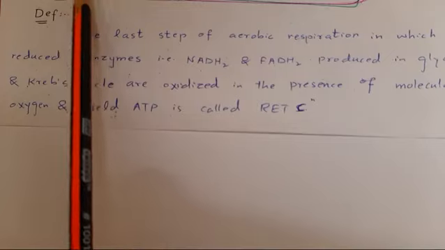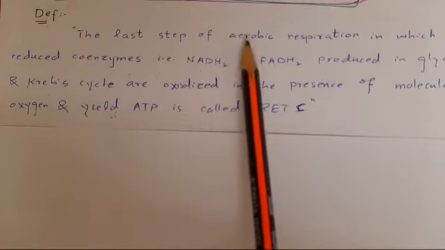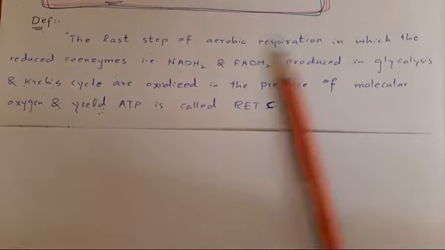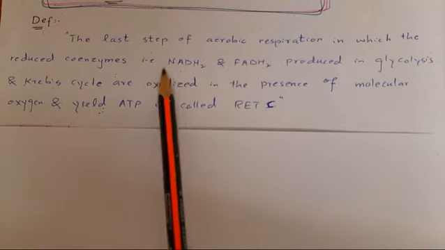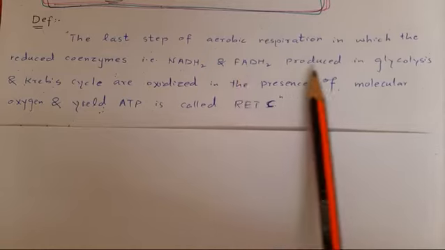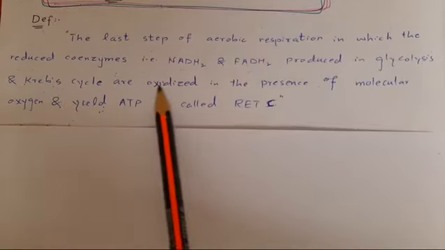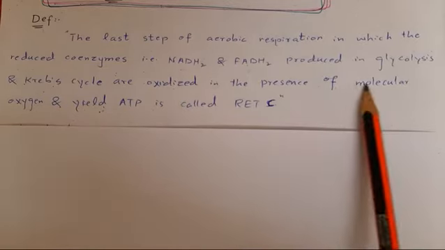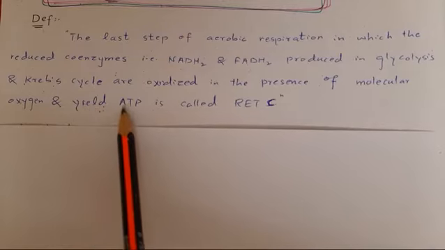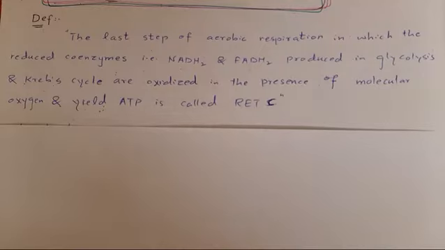The last step of aerobic respiration, in which the reduced coenzymes, that is NADH2 and FADH2, produced in glycolysis and Krebs cycle, are oxidized in the presence of molecular oxygen O2 and yield ATP, is called respiratory electron transport chain.